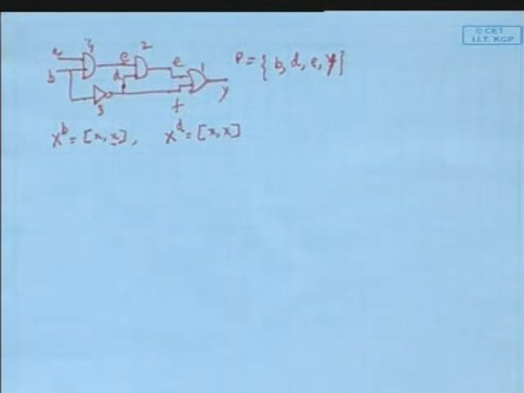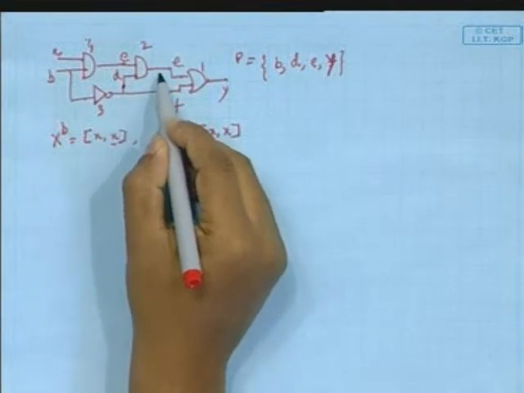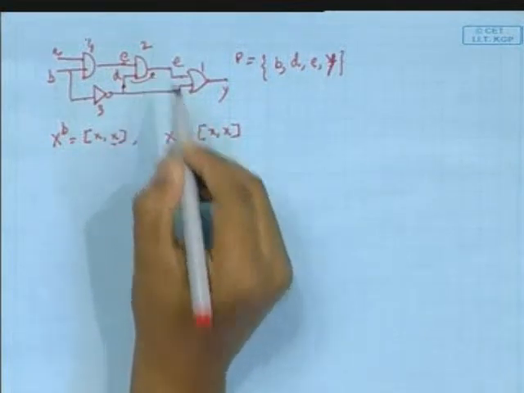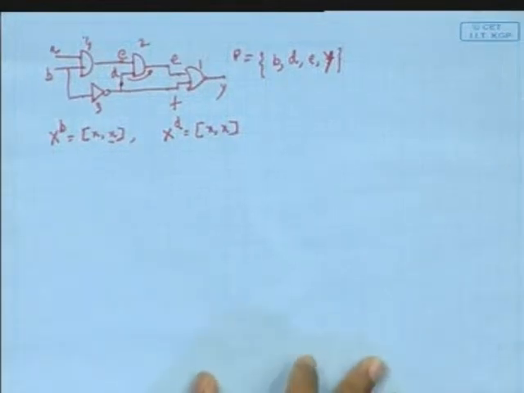Now comes the actual part. I want to sensitize from D to E. So for that, what do I have to calculate? You remember the equations that I wrote earlier.